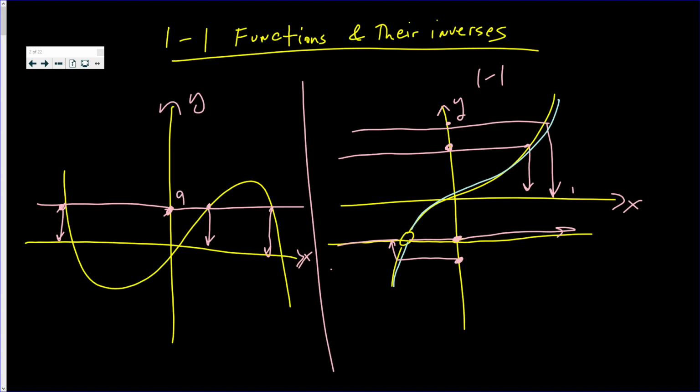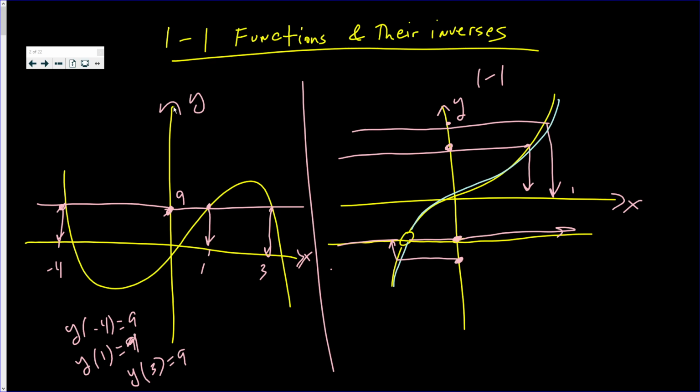So when it comes to 9, y of -4 equals 9, y of 1 equals 9, and y of 3 is also equal to 9. It's not one-to-one.